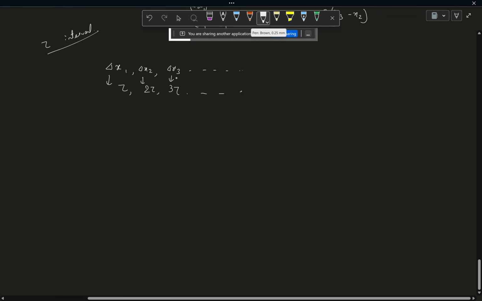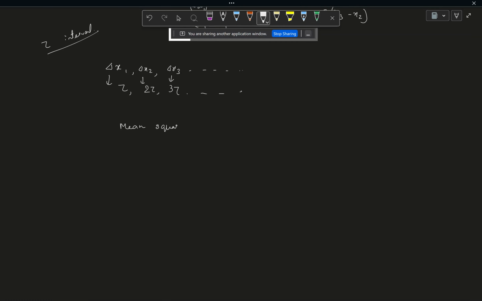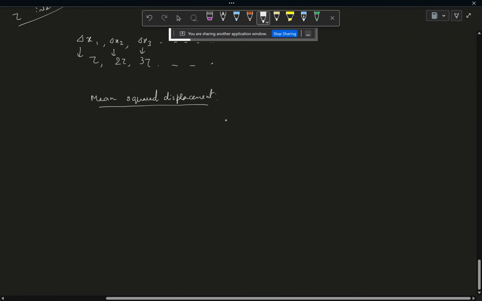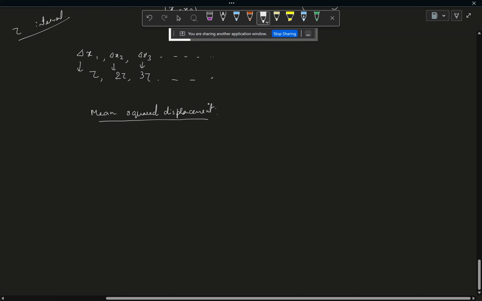So then your mean square displacement. You can think of it like a fluctuation, as if. This is not a significant deviation that you will observe, but from a reference position there is always a deviation, and these deviations you call a fluctuation.